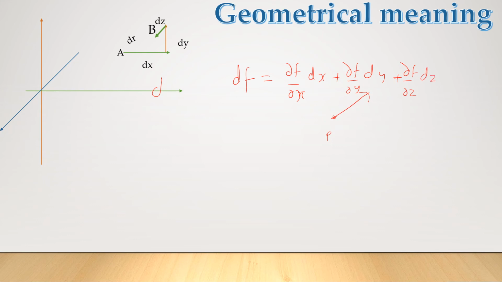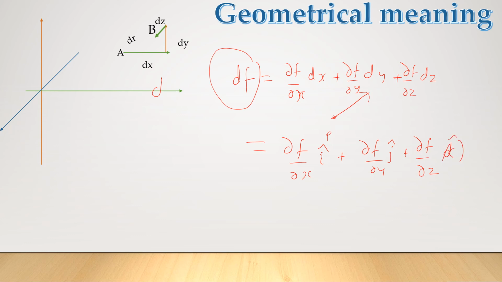Now I want this variation to be written as a scalar product of two vectors. How to do it? I can do it like this: dou f by dou x multiplied by i, plus dou f by dou y multiplied by j, plus dou f by dou z into k.